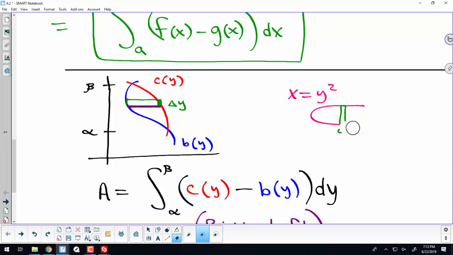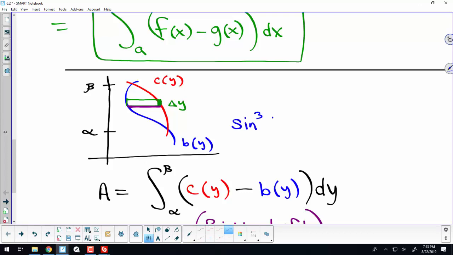The reason I brought up implicit differentiation is because there are functions like, maybe b of y is a function of y, and we just don't know how to solve for x, or we can't solve for x, right? So if we said integrate this with respect to x, you look at the function and say, I can't solve for x. Maybe this function is something complicated like sine cubed of x times y squared plus xy equals 3.